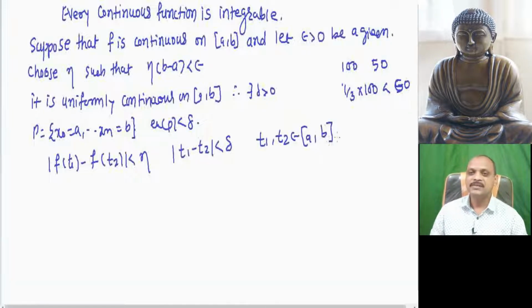This is by the definition of uniform continuity. By uniform continuity, the difference between the values of the function at any two points is less than eta whenever these points are less than delta apart.